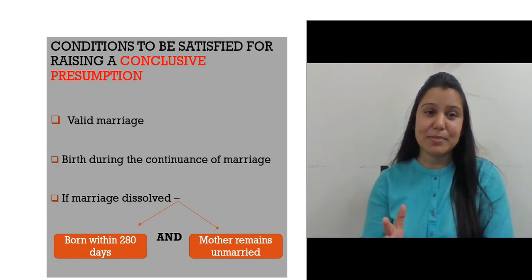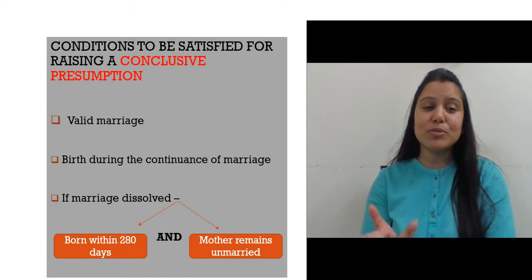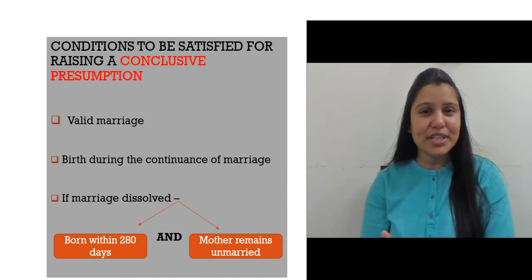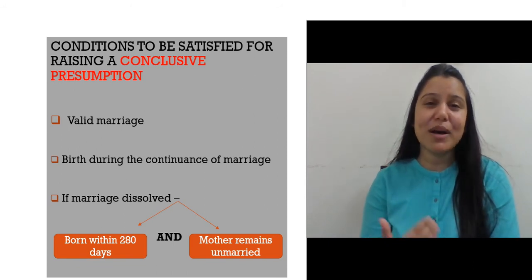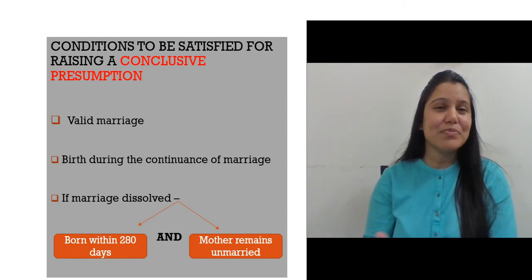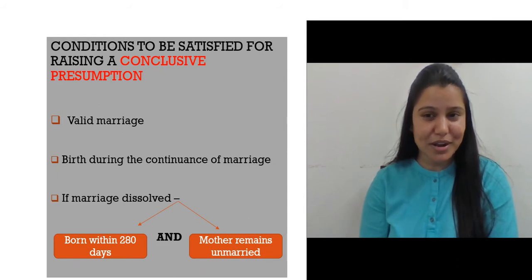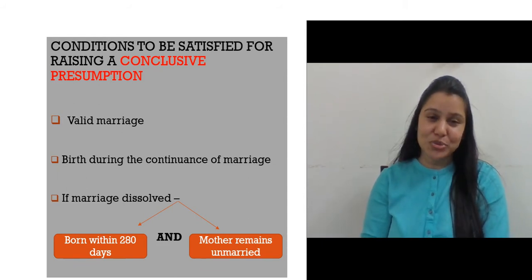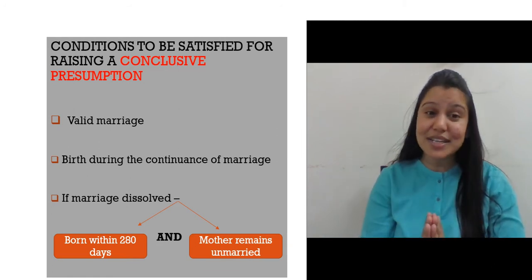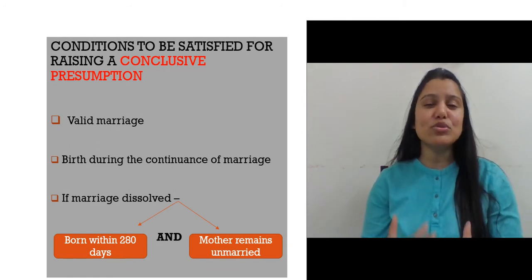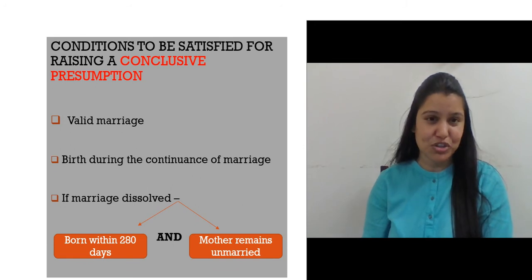Both things should be there. Of course, if the mother marries again and then there is a baby, there will be a question mark regarding the legitimacy of the child. So the mother has to remain unmarried. When these things are there, it is a conclusive proof of the legitimacy of the child.